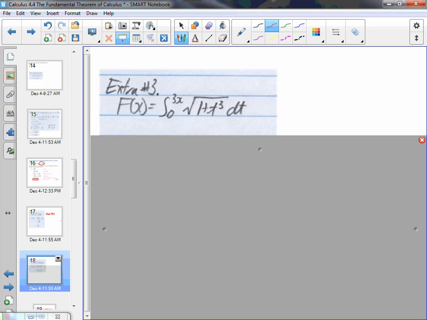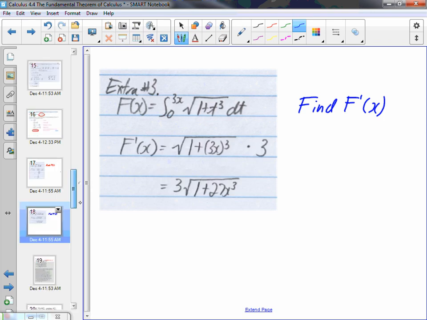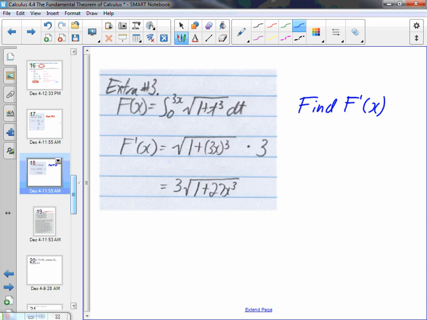Do that one. Find capital F prime of x for this one. Any questions?